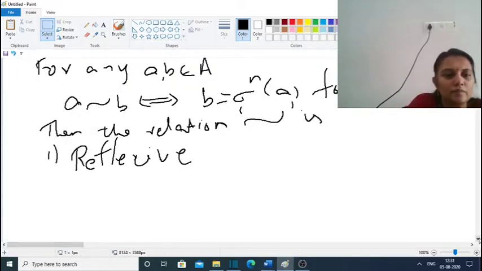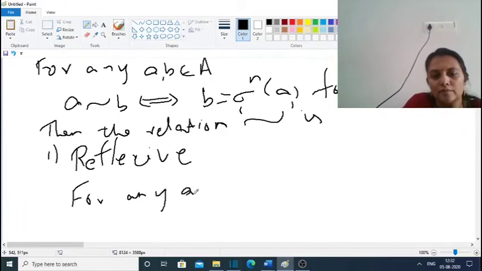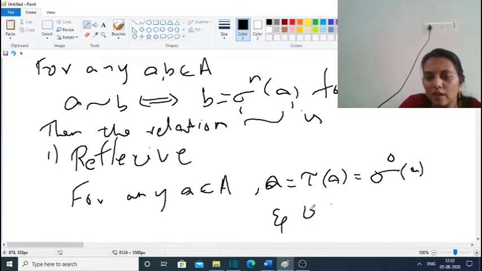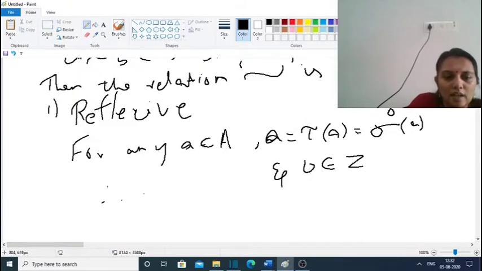Consider any a element of A, a is equal to the identity permutation of a, which is equal to sigma raised to 0 of a, and 0 is an element of Z. Therefore a is equivalent to a.